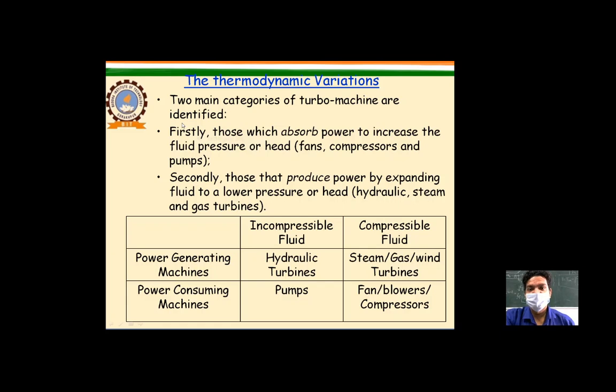There are two main categories of turbo machines. If we see the first point for the categories of turbo machines for identification purpose, firstly, those which absorb power increase the fluid pressure or head.